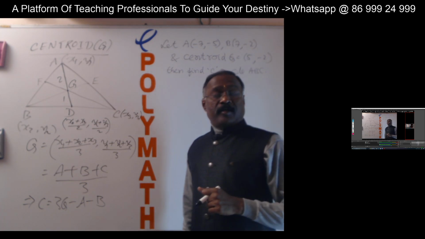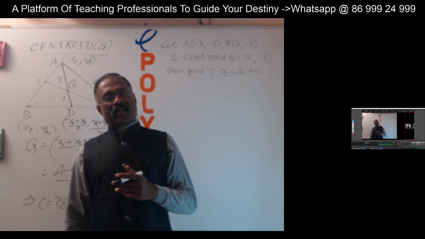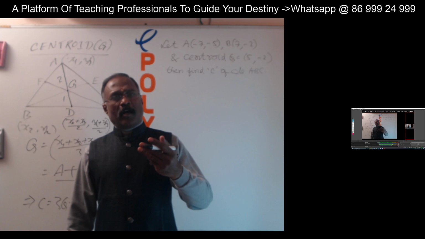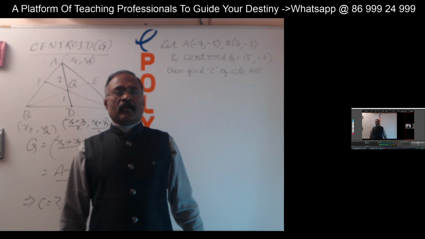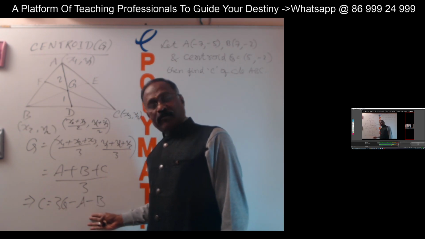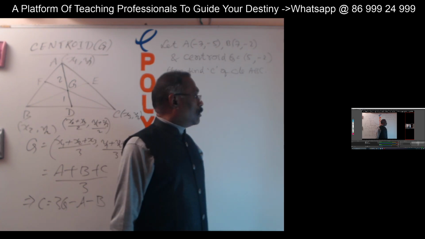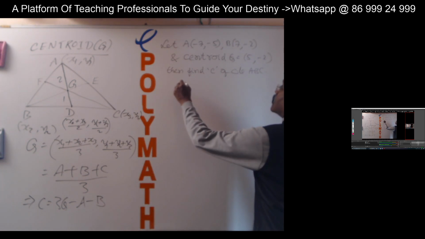Generally, if you are working at board level, C we will take as some (x, y) or (h, k), whatever. Then you will apply the formula. But now, in the short form, you do it like this: 3 times centroid minus A minus B.